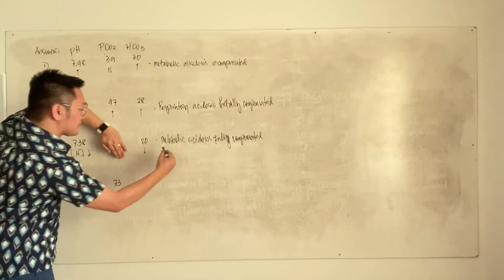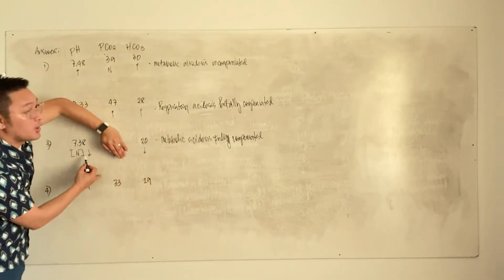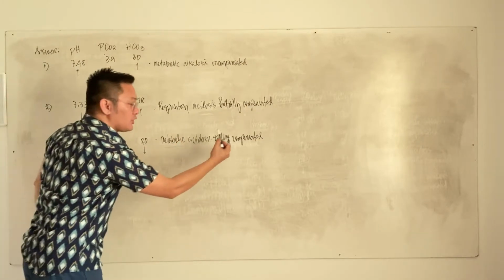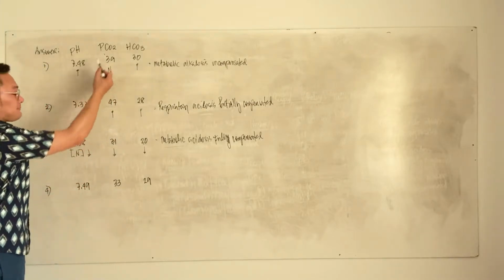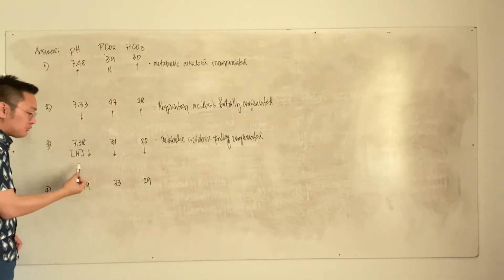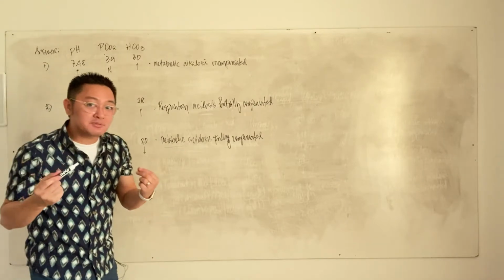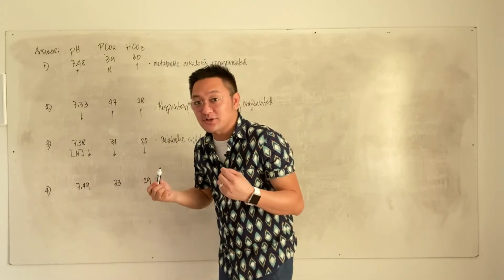Therefore, it falls under the metabolic category. And it is acidosis because it is lower than the mean. So it's metabolic acidosis. What makes it fully compensated? It is fully compensated because when the PCO2 decreases, it was able to normalize the pH. Remember, if there's an increase in the carbon dioxide, it causes acidosis.